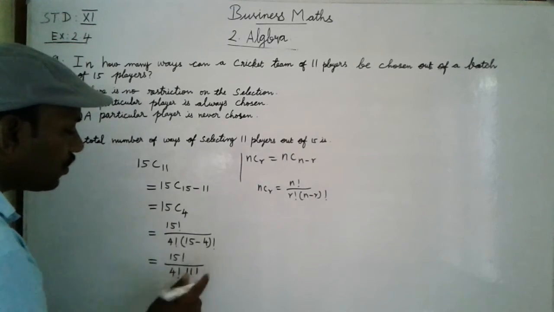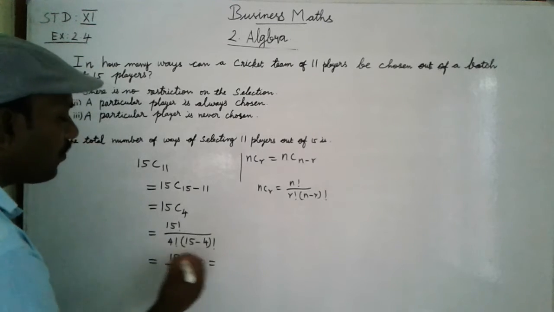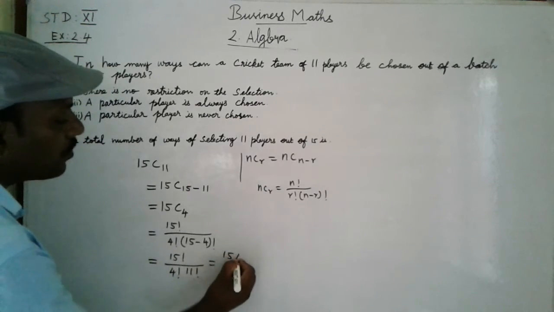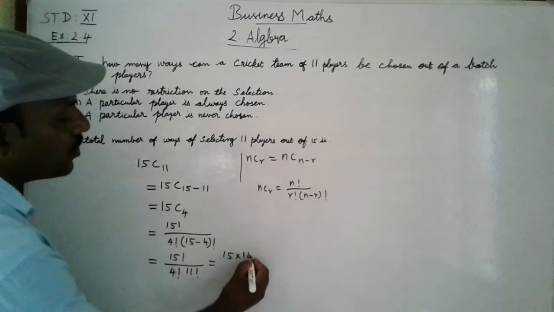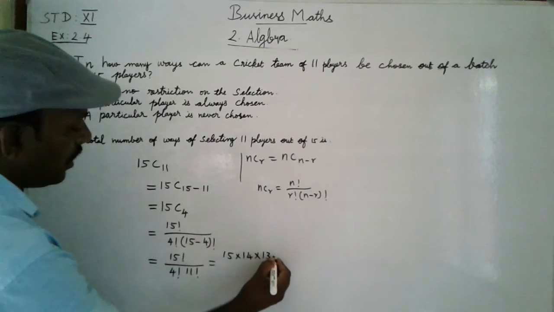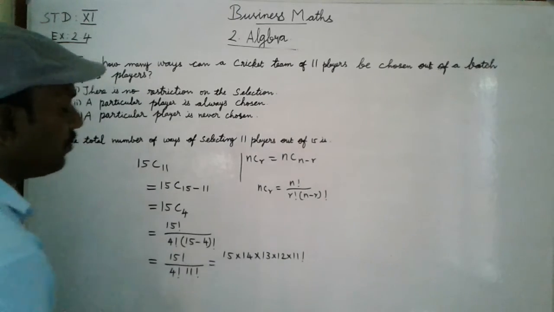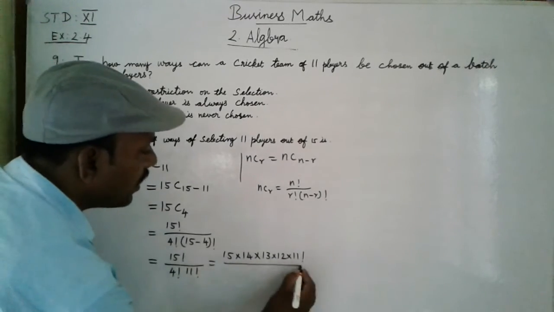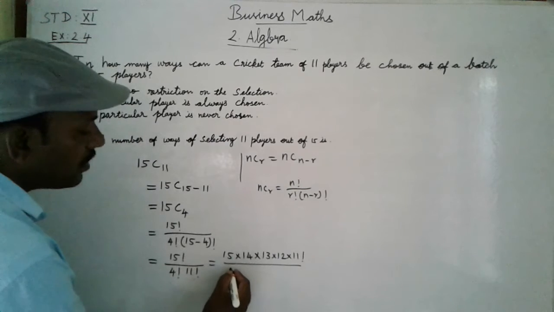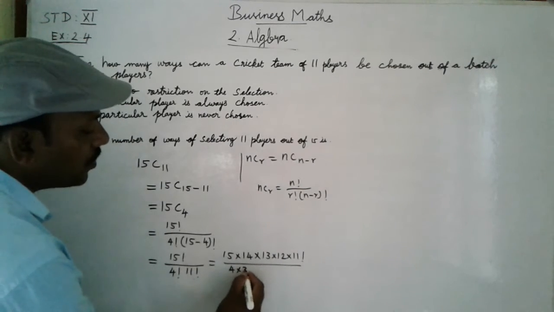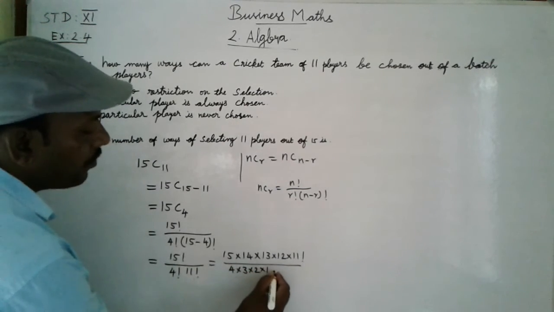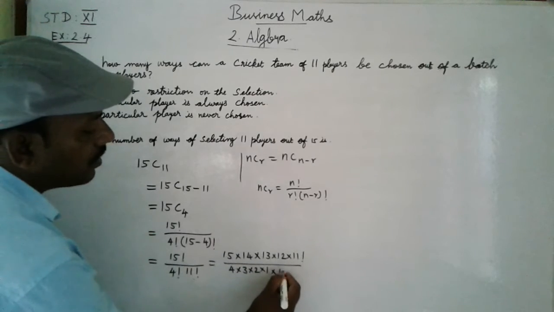That equals 15 into 14 into 13 into 12 into 11 factorial, divided by 4 into 3 into 2 into 1 into 11 factorial.